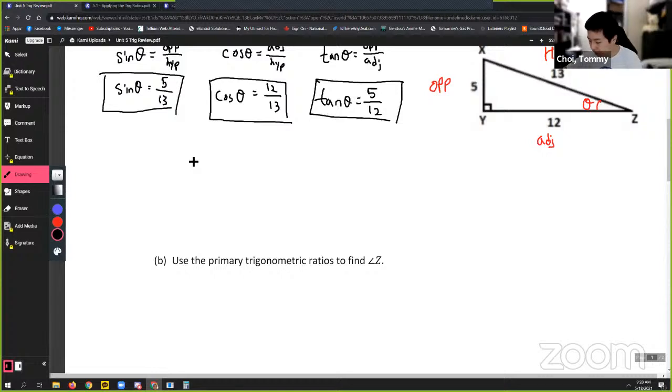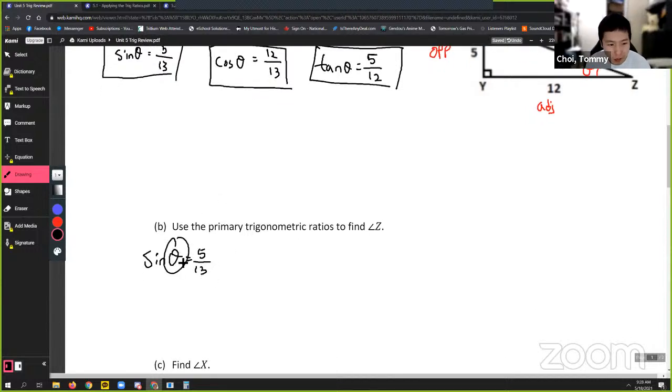Okay. So what we do here, I copy down sine theta is equal to 5 over 13. And the opposite of that, we want to isolate for theta. So one thing you have to realize, sine theta is like a gigantic group. This is one group. It's not sine times theta, okay? Sine theta is one huge group. You cannot separate those two by any regular means. You can't be like, I'm going to divide by sine. That doesn't work, right?